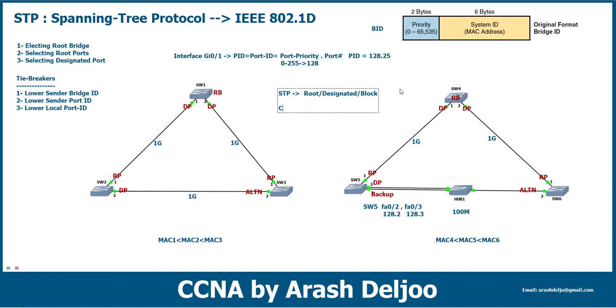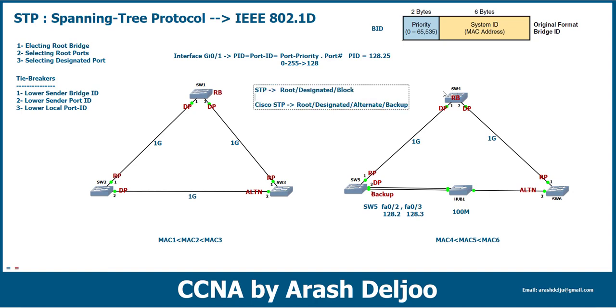But in Cisco terminology, Cisco STP, we can see these terms: root, designated, then alternate, and after that backup. We have 2 new terms in the Cisco implementation. Alternate and backup are 2 types of block. Let me talk about this.